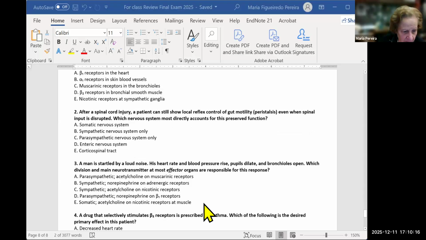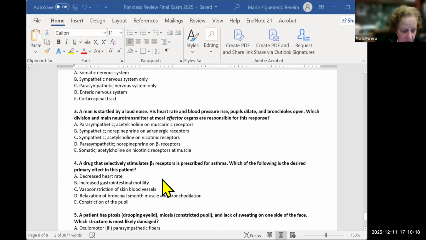A drug that selectively stimulates beta 2 receptors is prescribed for asthma. Which of the following is the desired primary effect in this patient? So, relaxation of bronchial smooth muscle. So, beta 2 receptors again, smooth muscle at the bronchi.